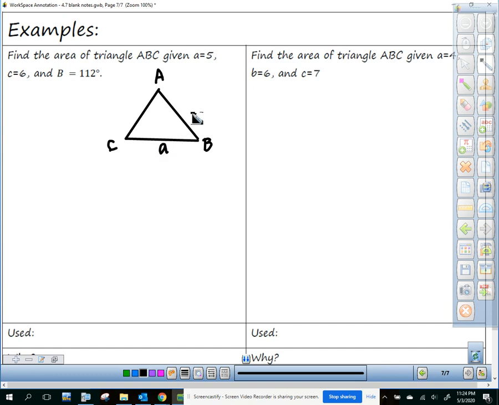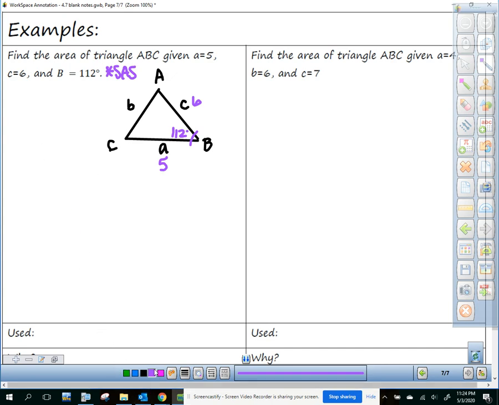This will be side A, side C, and side B. And the given information is that side A is 5, side C is 6, and angle B is 112 degrees. So what I am given here is side, angle, side. So I know that I can use this law of sine area formula.